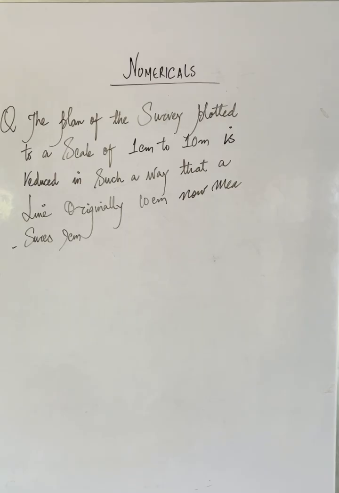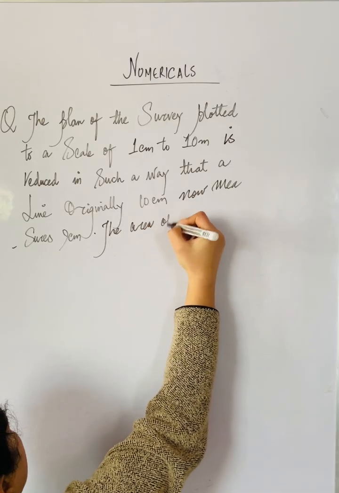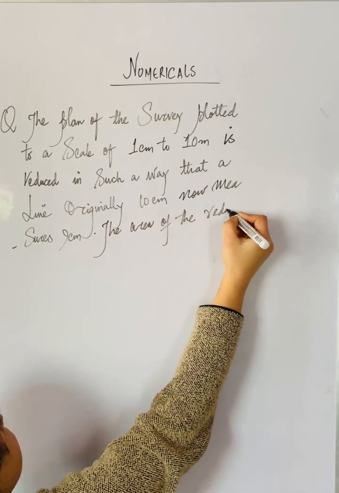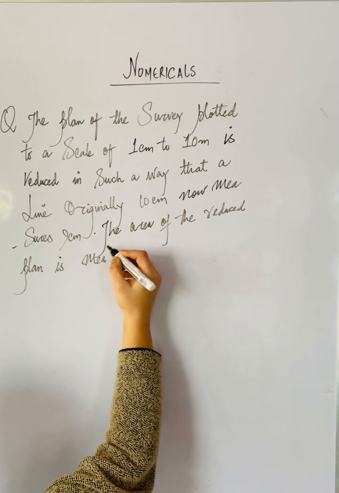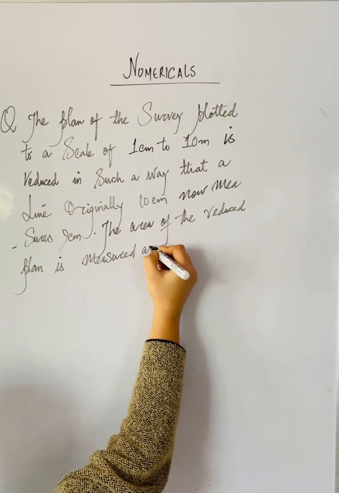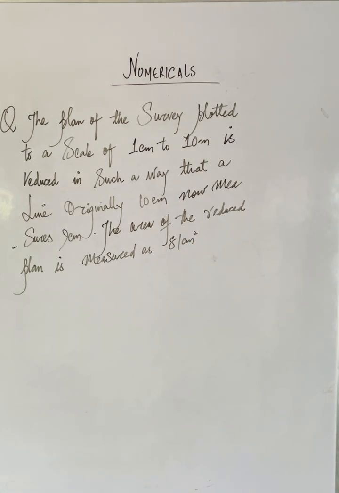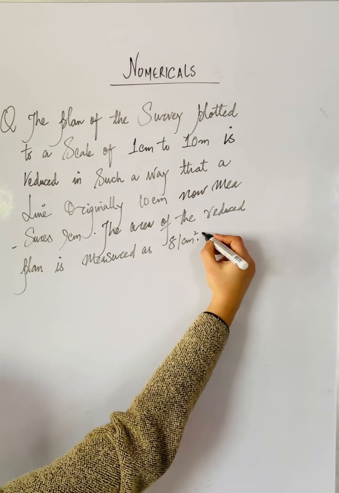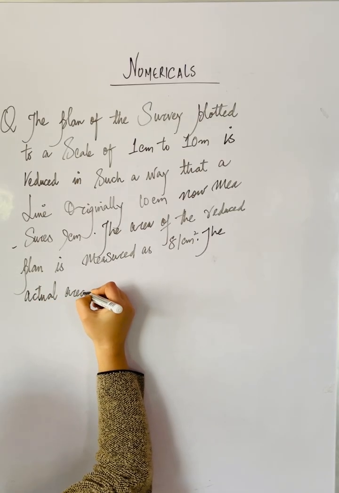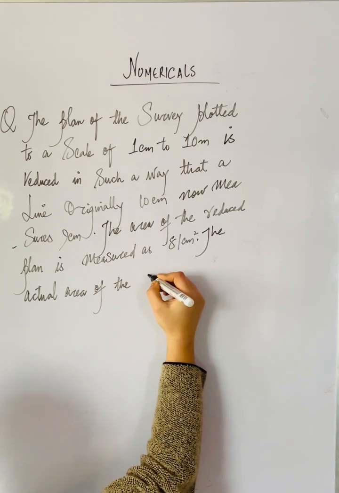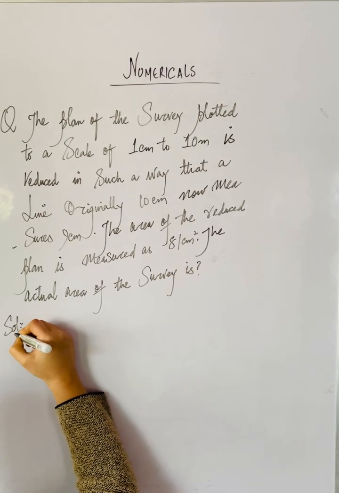The area of the reduced plan is measured as 81 centimeter square. The actual area of the survey is, right? So let's find the solution to this question.